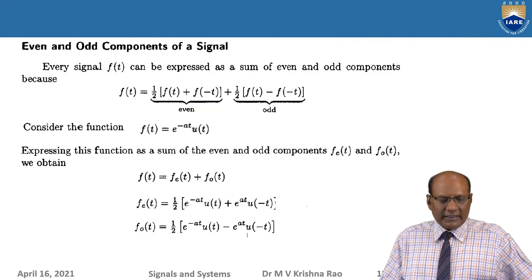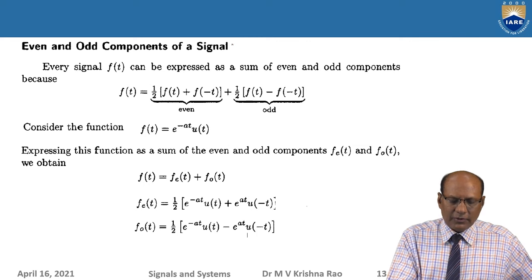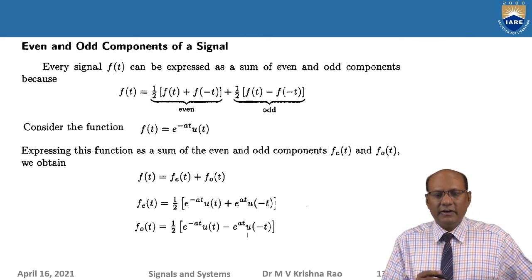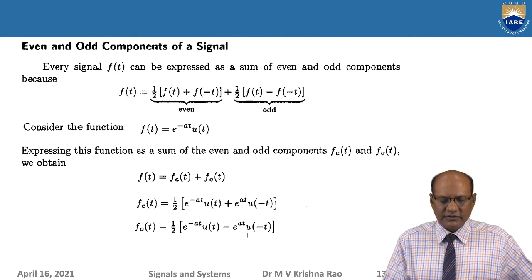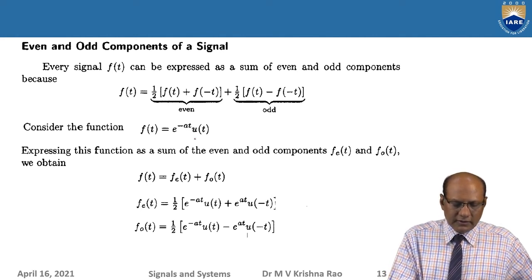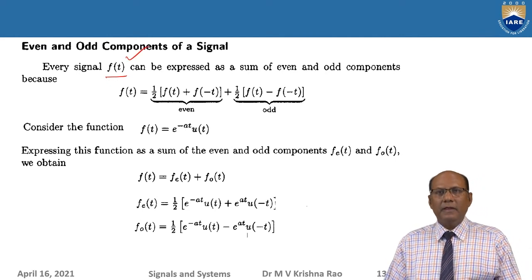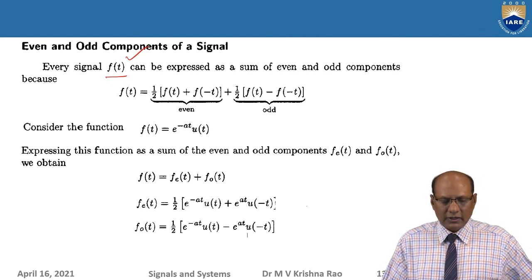Now, let us find the even and odd components of a signal. I want to find the even and odd components of a signal. So, given a real signal f of t, what do I have to do?